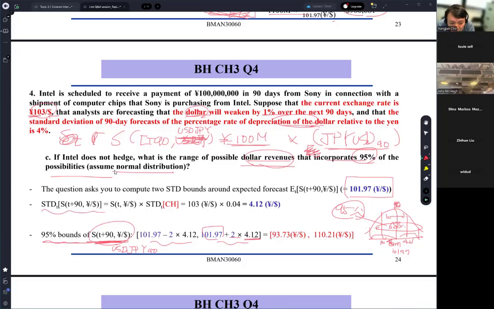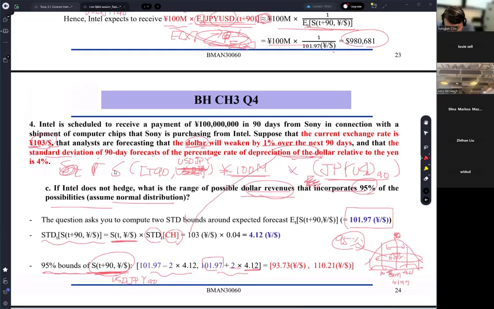Standard deviation of future exchange rate of USD JPY is today's exchange rate times standard deviation of change. So the last sentence here, standard deviation of 90-day forecast of the depreciation of dollar, actually means standard deviation of change. 4% means 0.04.